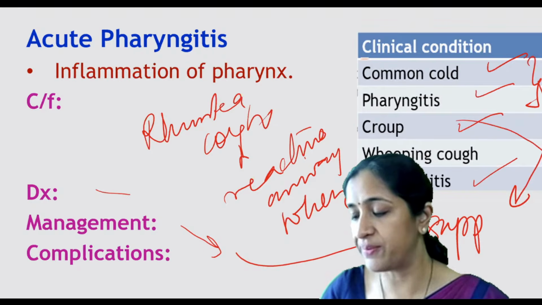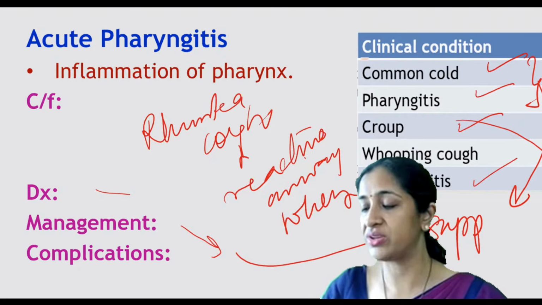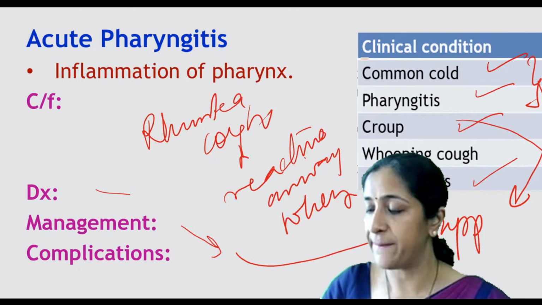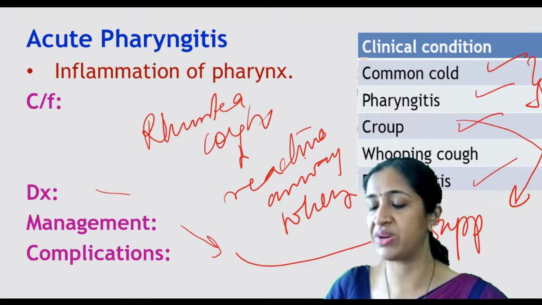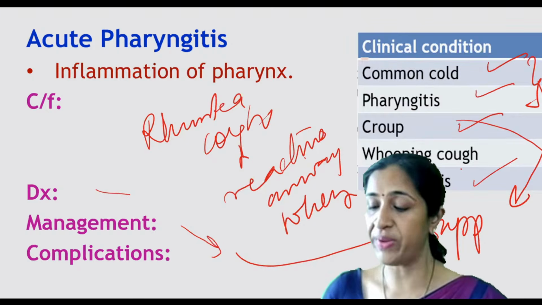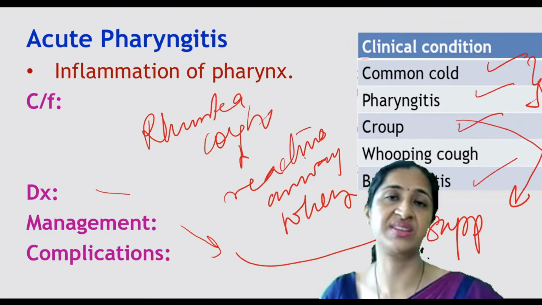You're going to give nebulized racemic epinephrine, humidified air, all this, and 0.6 mg per kg of steroid IM is the treatment for croup. Whooping cough, antibiotics. Bronchiolitis, supportive care, and RSV is the most common cause.